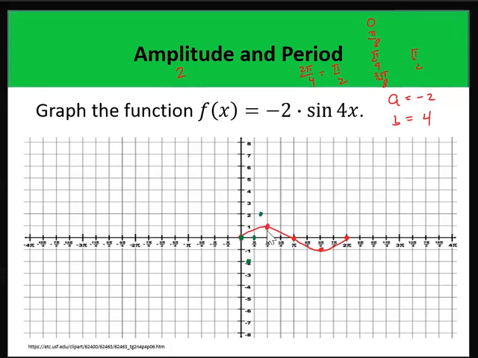And when x is equal to pi over 2, we go back to 0. So connecting these 5 green points, then we have the graph of negative 2 times sine of 4x. So again, there's a vertical stretching and horizontal shrinking of the graph, and the graph of sine is reflected along the x-axis.